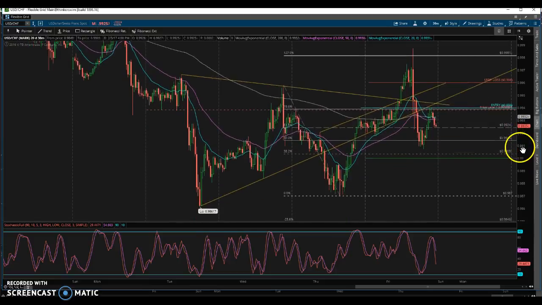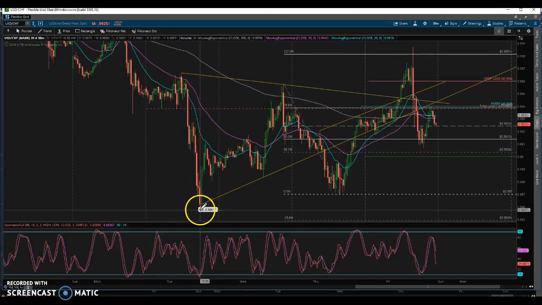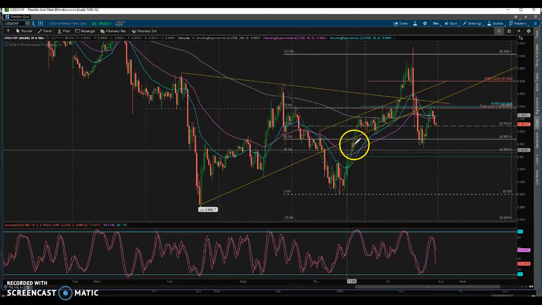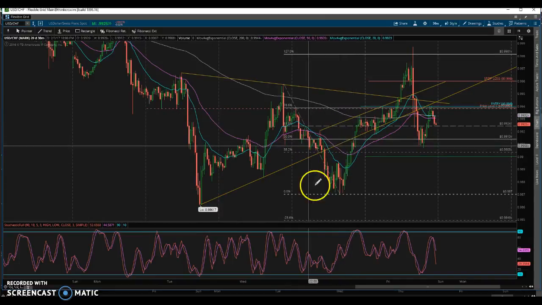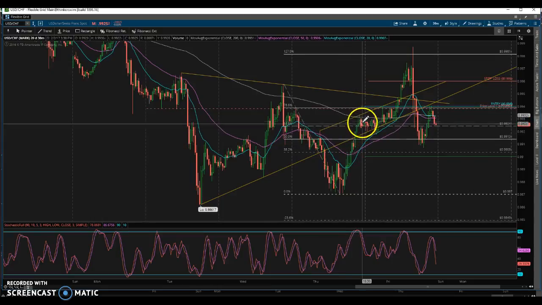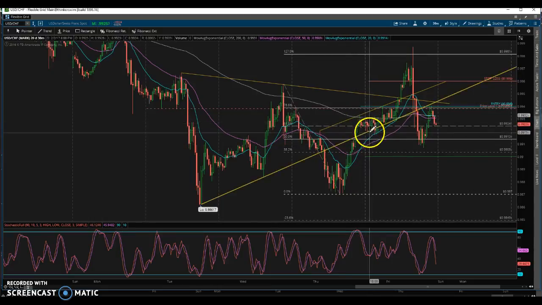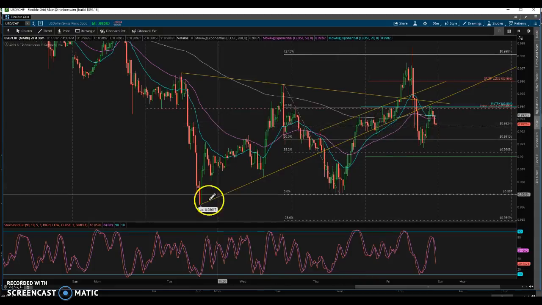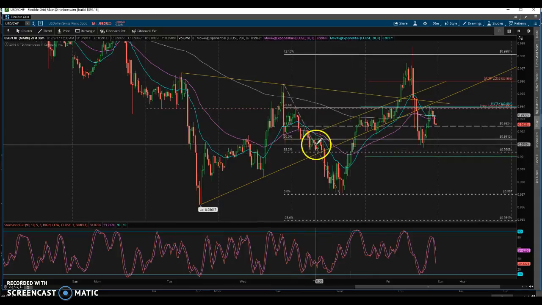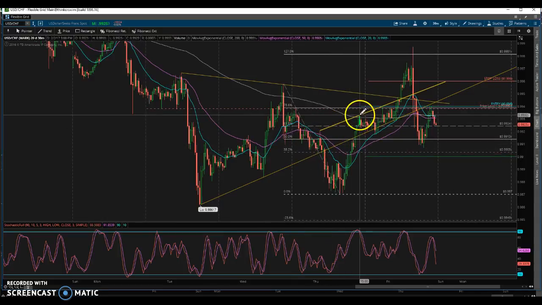I saw a couple things. We had this little trend line here that was broken, and then a fake breakout, false breakout, and then we came back above it and we're trading in a range that coincided with that trend line. We had a channel top that potentially was forming.